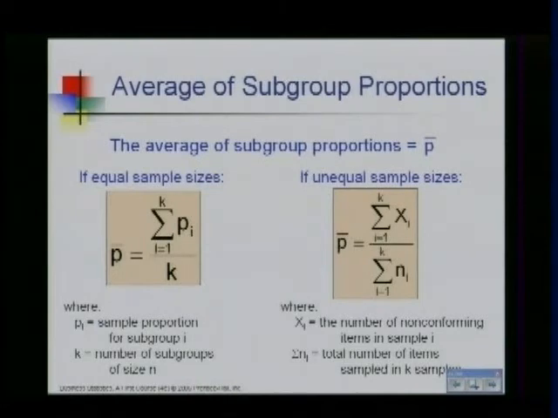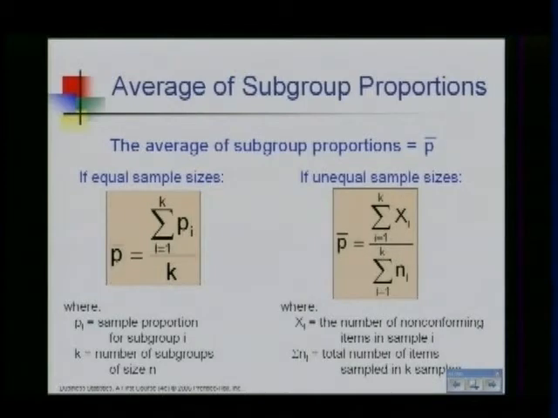Okay, now we're going to look at the formulas. These formulas look pretty difficult, and they can be, because you can get confused as to what they mean. Here's two ways to find P bar, which is going to be the center line of my P chart. First thing is, I can just sum the P's, which is the proportions, if I already have sample proportions, and divide by the number of subgroups of size N, or the number of time periods on which I took samples, you could call it that.